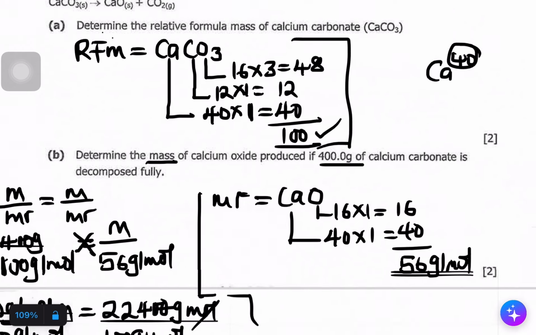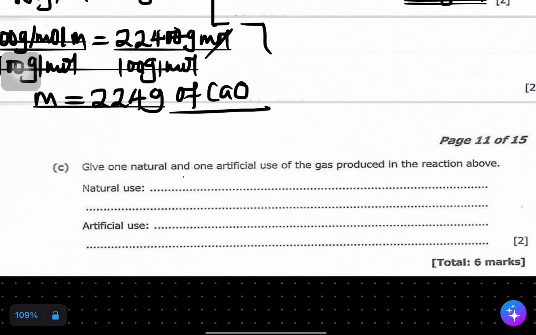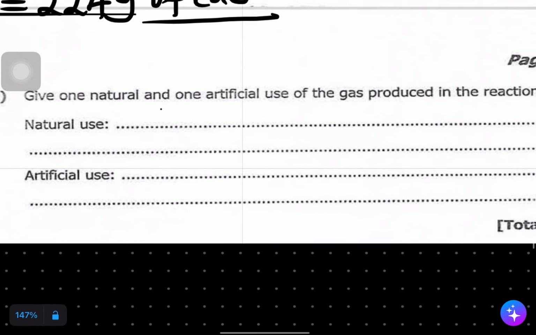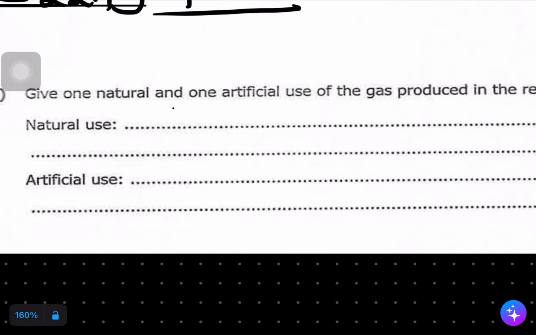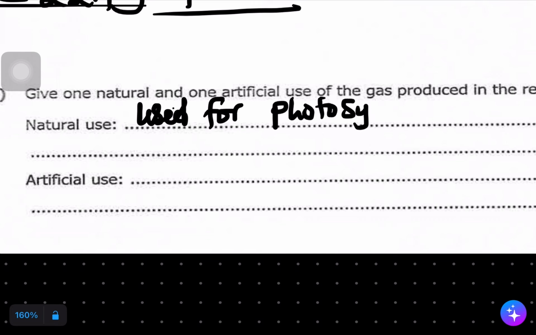Carbon dioxide has natural uses. We can say it is used for photosynthesis. I hope we remember that photosynthesis during the day uses carbon dioxide and gives out oxygen.